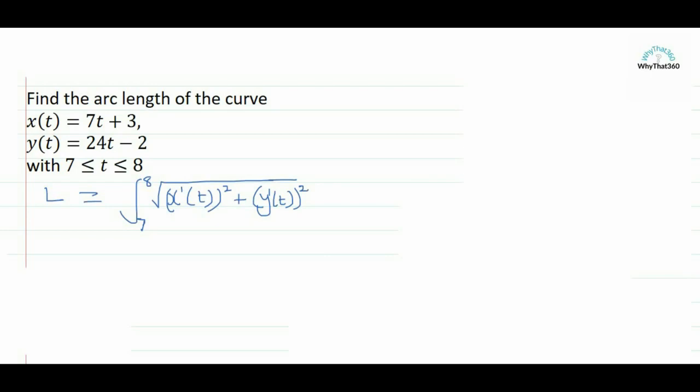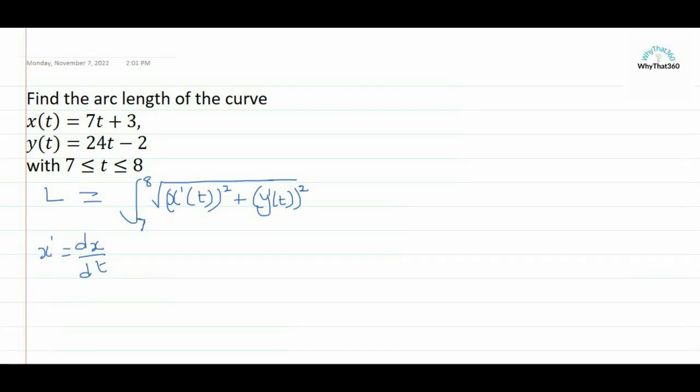Without wasting much time, let's go ahead and differentiate x. So that will be dx dt. We are differentiating x with respect to t, and that's the same as the first derivative of x, as you can see in the formula.